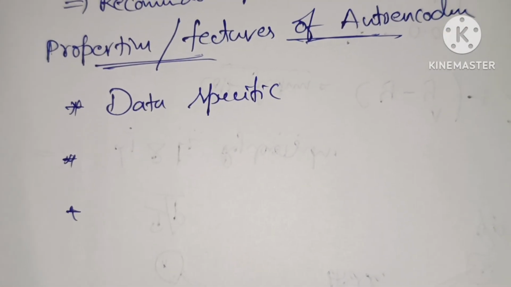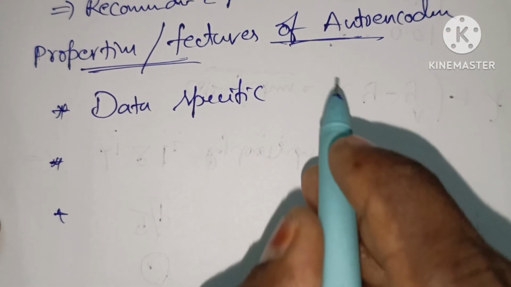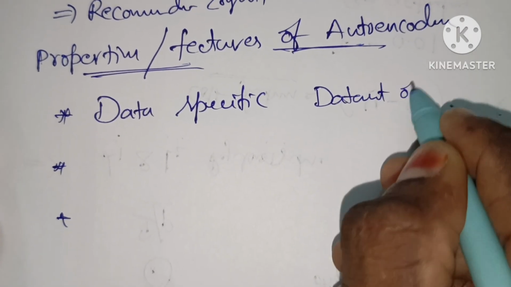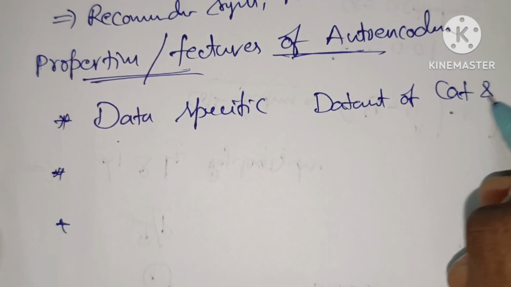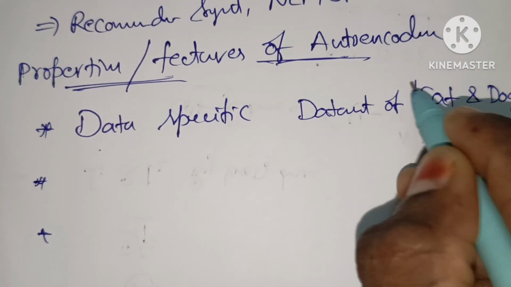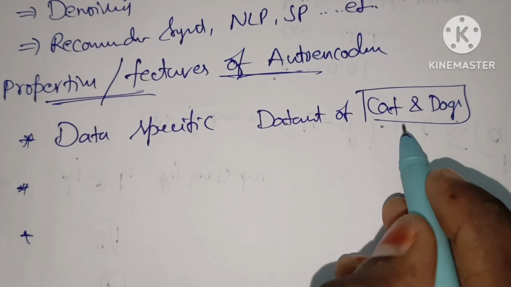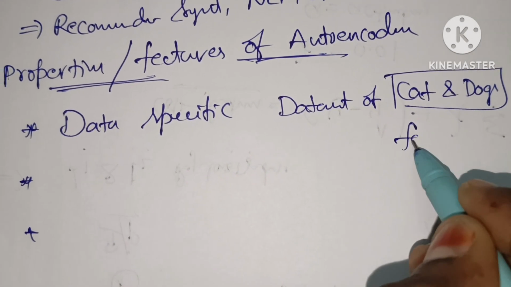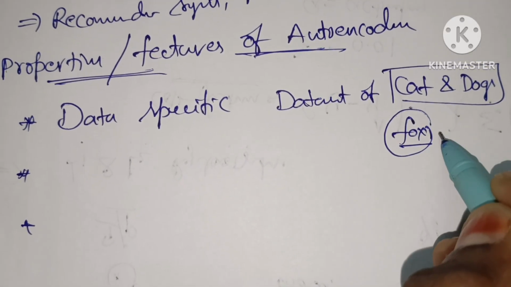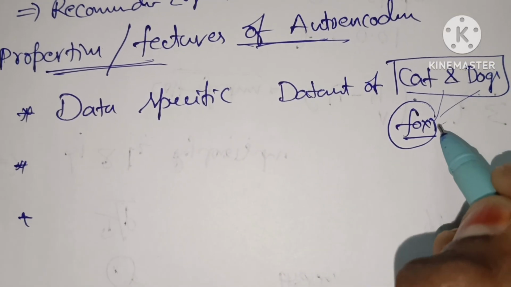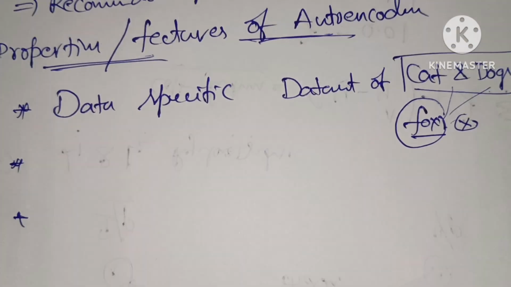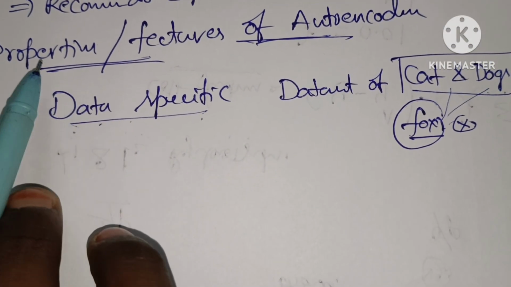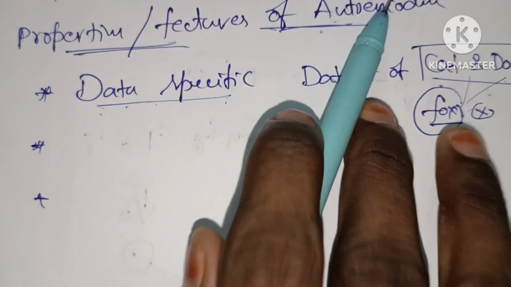For example, here I am working with a data set of cats and dogs only. In case of any other animal, maybe a fox, which is similar to a cat or dog, this is completely irrelevant. So that's data specific, one of the main properties. Then only we go for autoencoders.